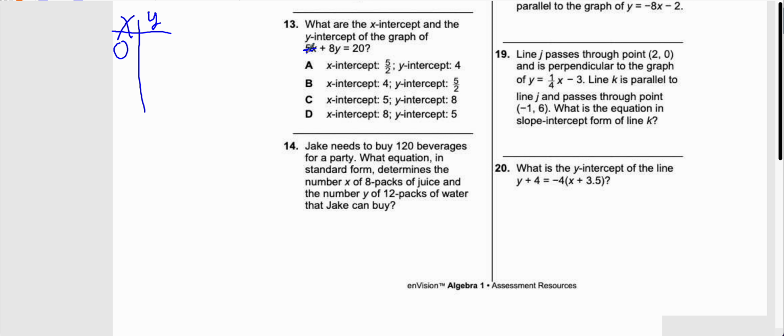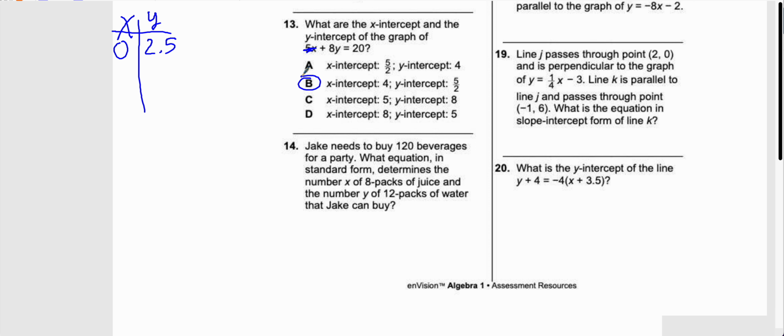Divide by 8, so y is 2.5, which would be 5 over 2. So the y-intercept is 2.5. I'm okay if that's all you do. Look, I figured out which one it is: it's gotta be B.